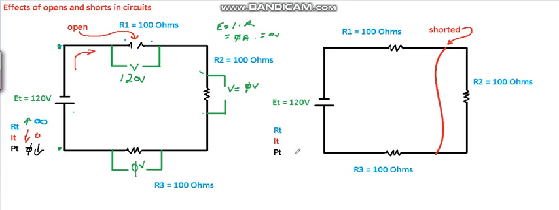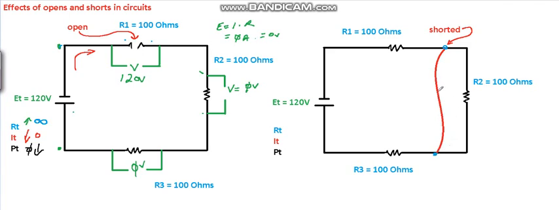Now if we take a look at this one over here, this is a shorted circuit. I've got 100 ohms here, 100 ohms here, and 100 ohms here. But this 100 ohms, from this point to this point, has been shorted. So I have a piece of wire dropped across this circuit and it's shorted out.